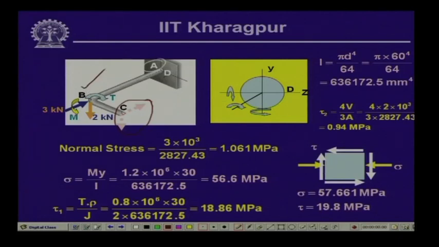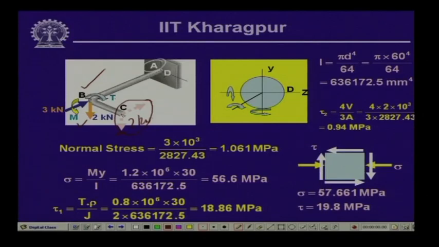Now, the vertical force of magnitude 2 kilonewton, if we shift it to point B, is associated with a moment which is going to be a twisting moment. So, this vertical force of 2 kilonewton is transferred to point B as a vertical force of 2 kilonewton and a moment T, which is going to be a twisting moment for the bar AB.